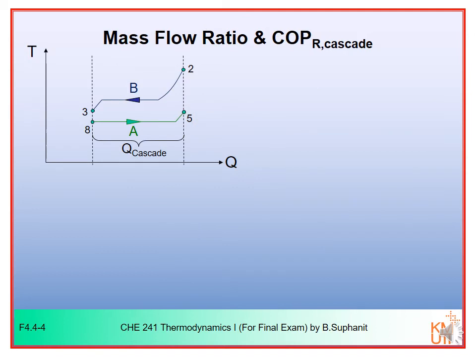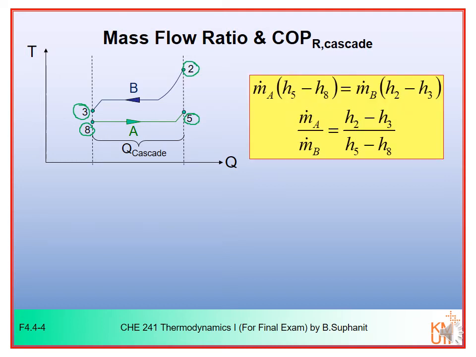Now you can see the heat transfer in the heat exchangers. If we draw the temperature profile on a T-Q diagram, you will see that cycle B from number 2 to number 3 will transfer heat to cycle A from number 8 to number 5. This is the Q cascade. So you can do the heat balance between the Q hot and Q cold.